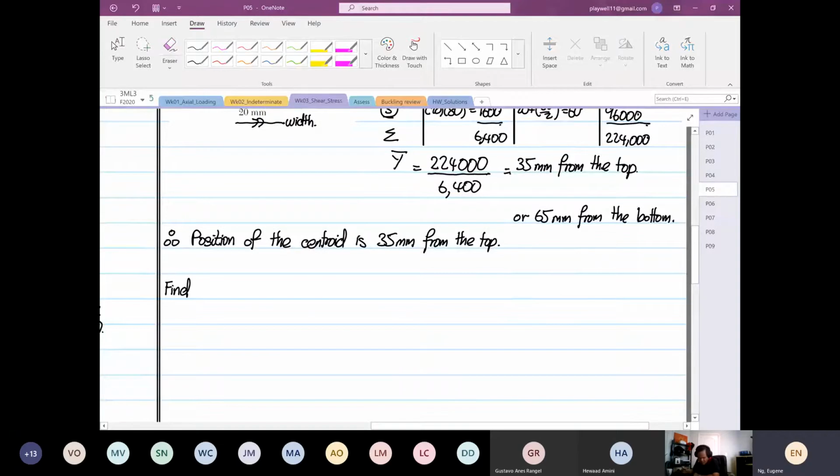Okay, so next we want to find the second moment of area. So second moment of area for this case, IZZ, is equal to width times depth cubed divided by 12, plus area multiplied by global centroid minus individual centroid, and this whole thing will be squared.